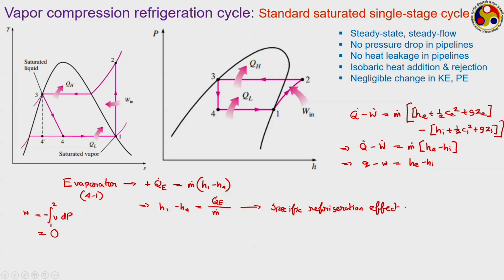Q dot E is the refrigeration effect, because we are talking about a refrigeration cycle where the amount of heat extracted is the objective. So, Q dot E is our objective, and once we divide that by mass flow rate, we get the specific refrigeration effect.